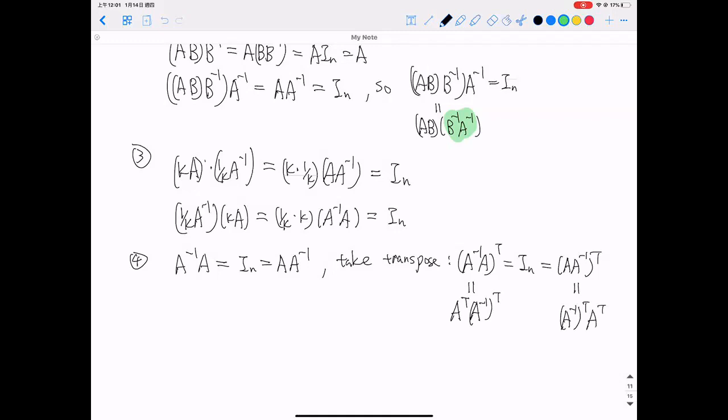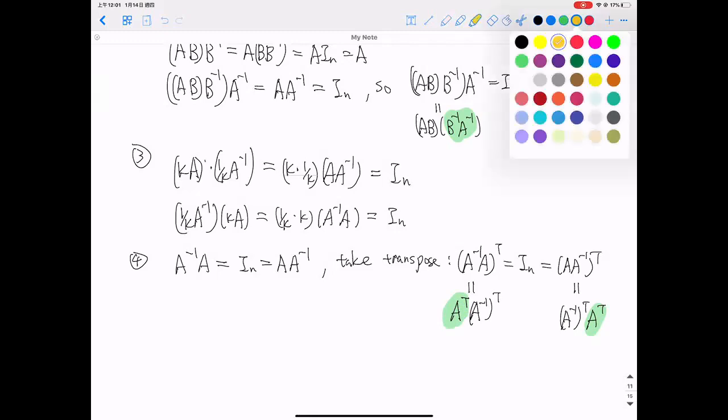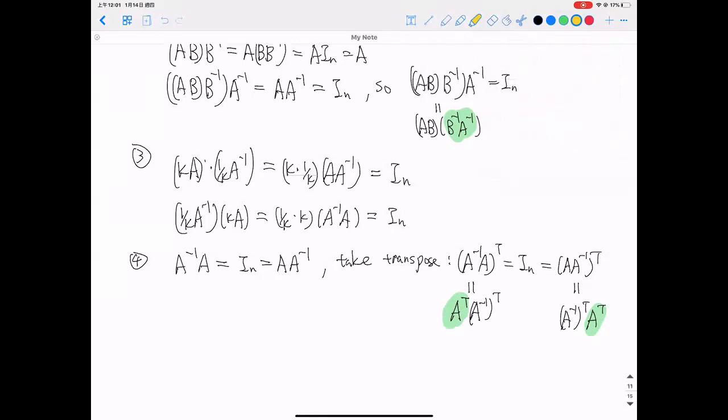Okay. Now you have A transpose here, you have A transpose there. Now these equalities just tell you that whatever appears here and here is the inverse of A transpose.